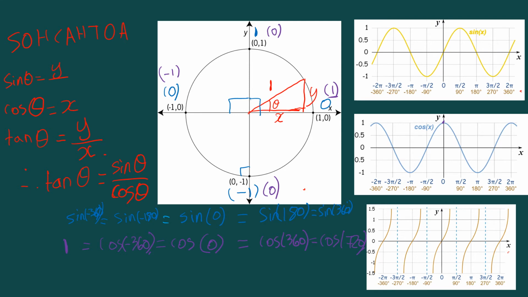Now, what if it tells you to find, for example, tan? If we want to find the value of tan from the unit circle, all we have to do is do sine theta divided by cos theta.